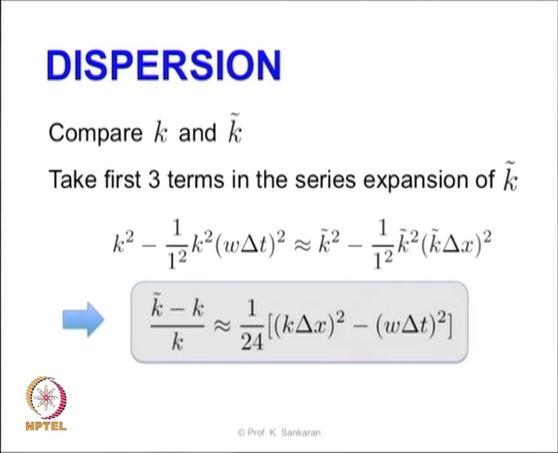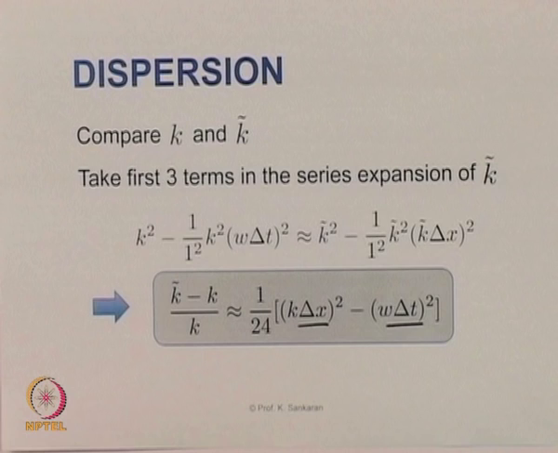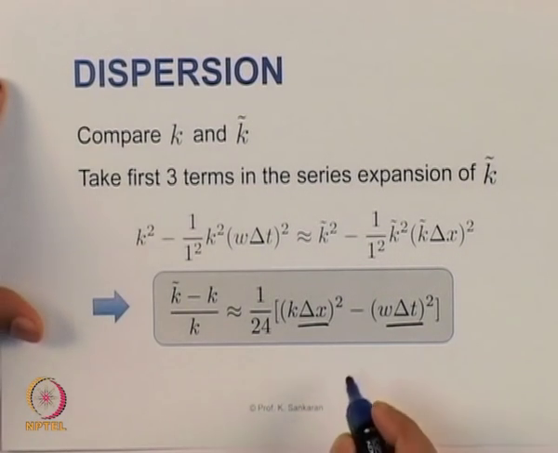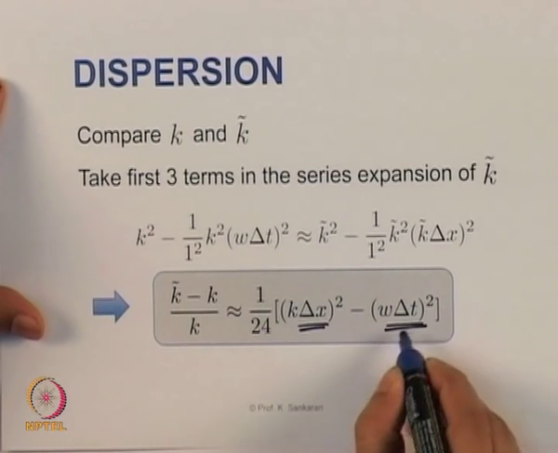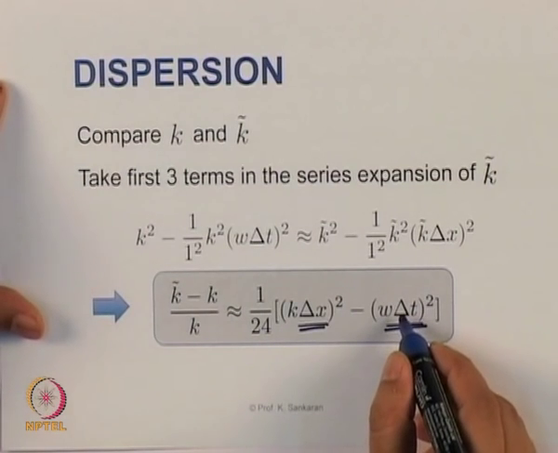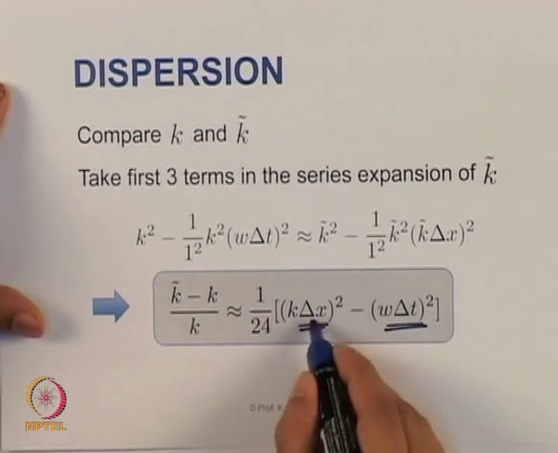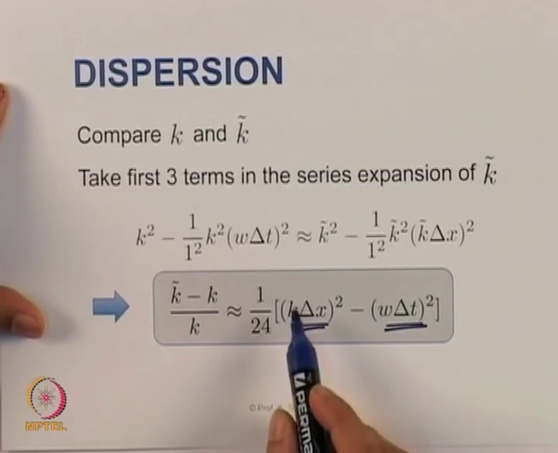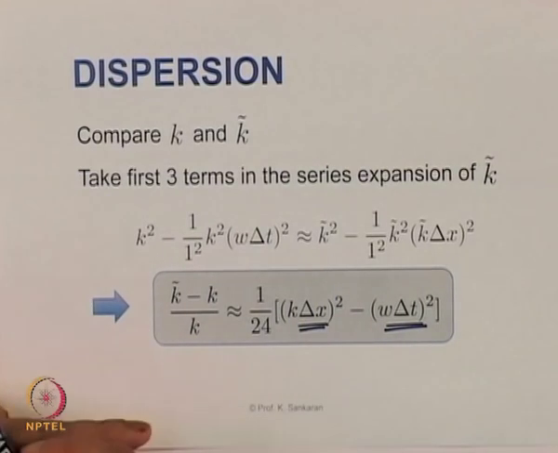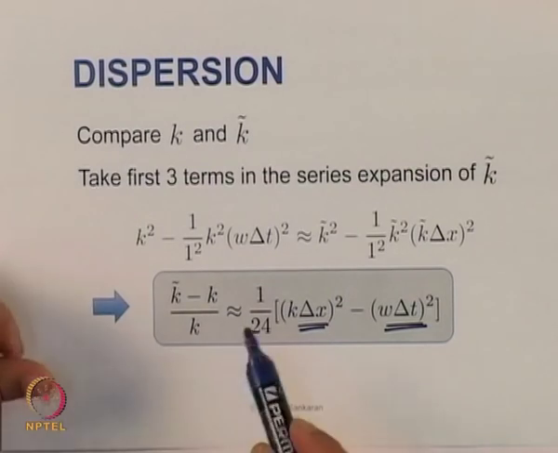So you have a dependency that is both on the spatial and temporal discretization, as you can see in the slide here, and you also have the dependency that once I fix the value of delta t based on certain delta x, I am already going to get a certain value of numerical error in k.